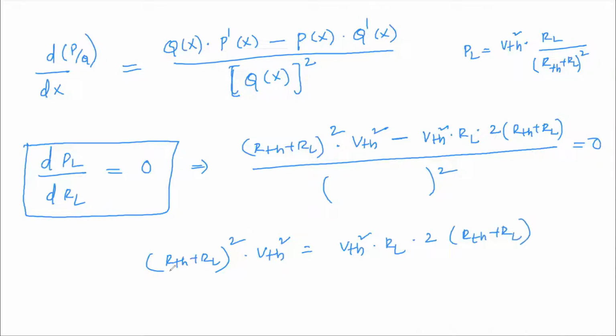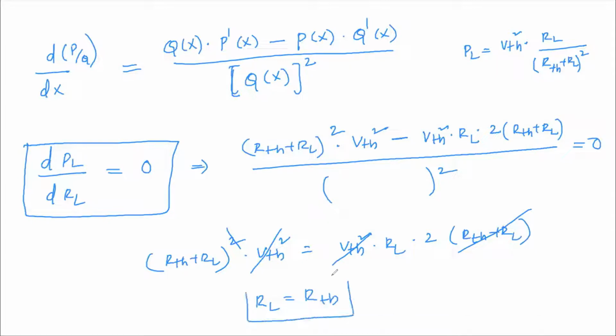Here we have RTH plus RL square and RTH plus RL, this will get cancelled. And VTH square, this will get cancelled. So what you get? 2RL is equal to RTH. That means RL is equal to RTH you get.